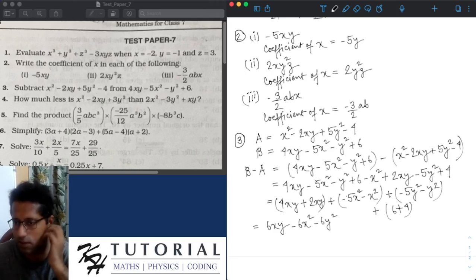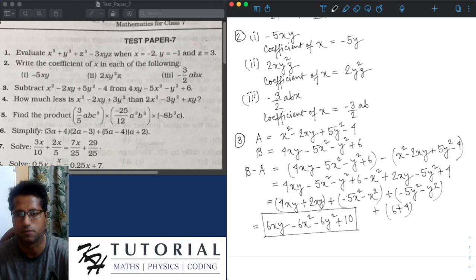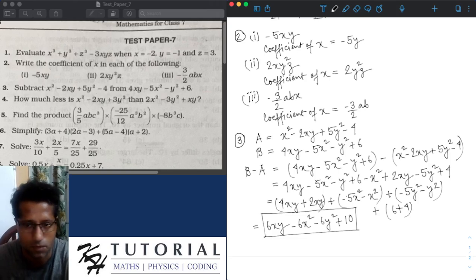And finally the constant term 6 plus 4 is 10. So this is the simplified algebraic expression, the algebraic expression when we subtract A from B.